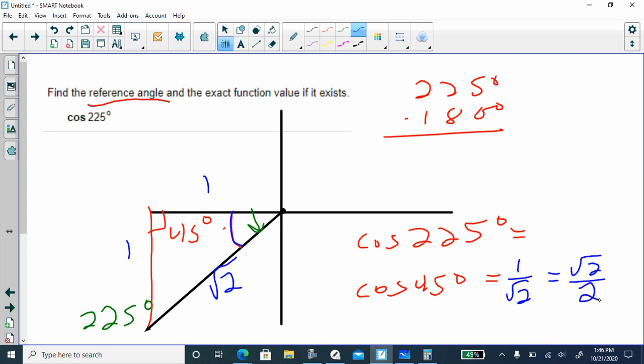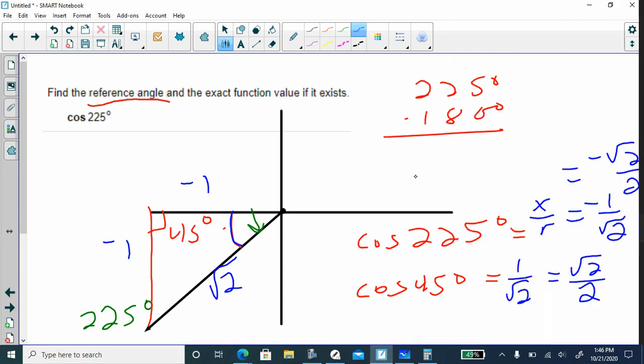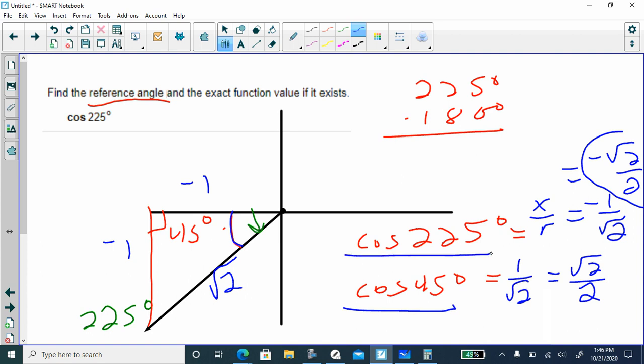That's for 45 degrees, but for ours, our x is to the left, our y is down. So if we use x over r, the definition of cosine is x over r. Our x is negative, our r is positive, so we would get negative root 2 over 2. So notice cosine of 45 and cosine of 225 have the same fraction part, but they have different signs.